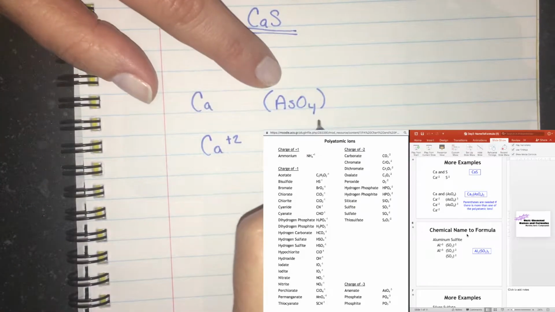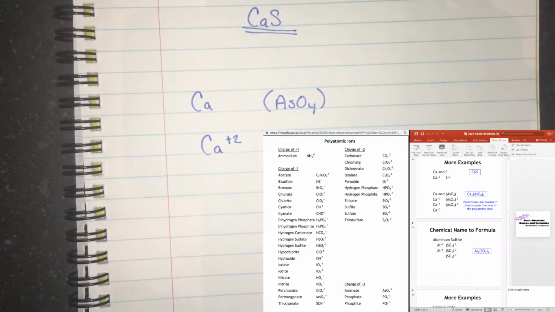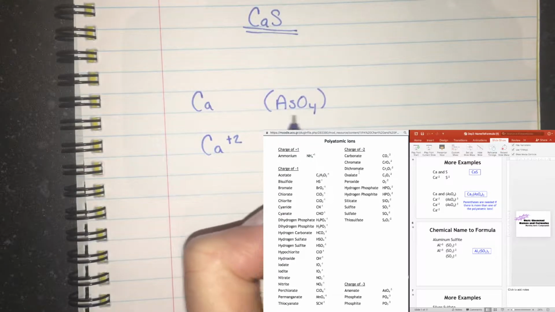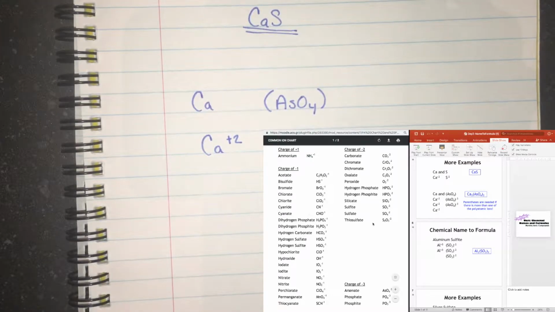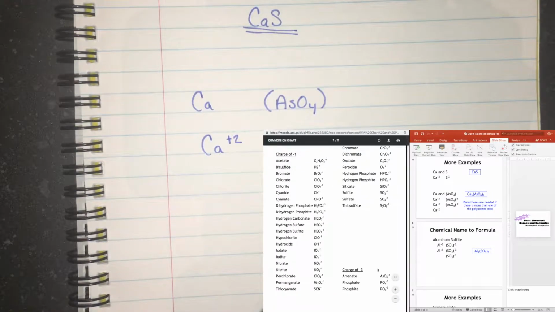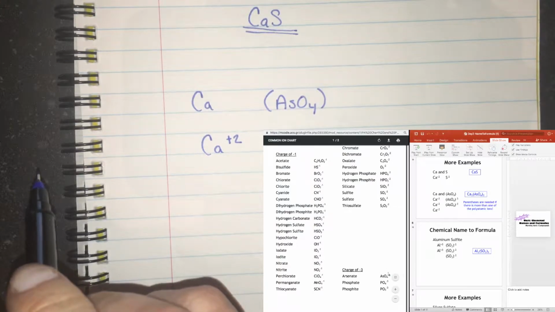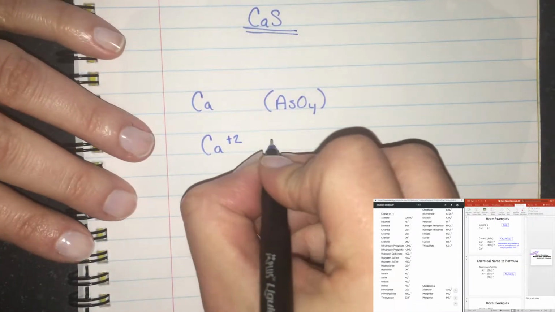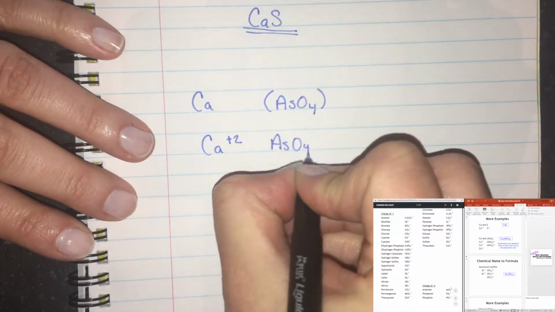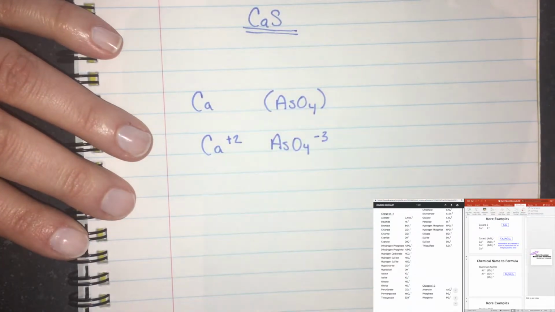Now, this AsO4, if you look at the PowerPoint section of the video, let's find it. Obviously, this is not going to be on the periodic table, okay? So we're going to find it. I found it. Here it is. It's right here, okay? So this is called arsenate. And you'll see the charge up here. It's a -3 charge. So AsO4 with a -3 charge.